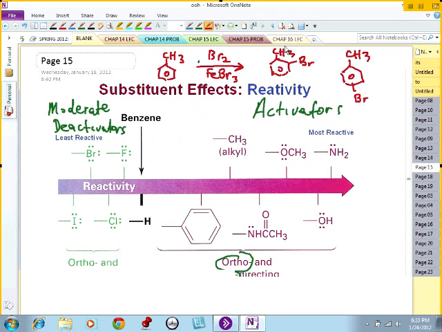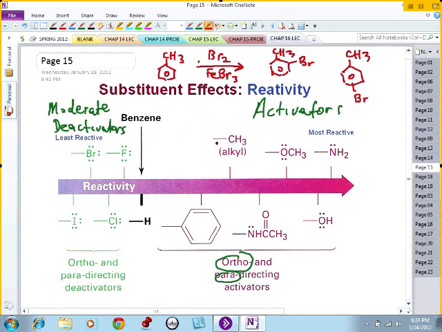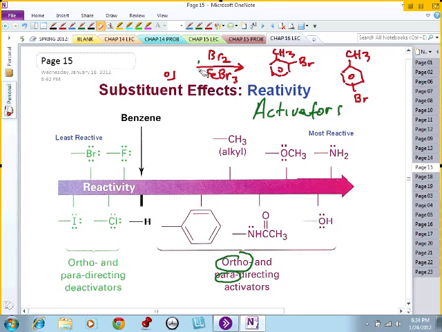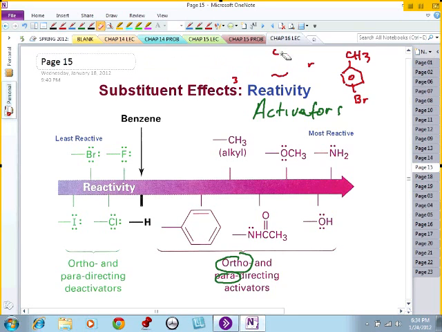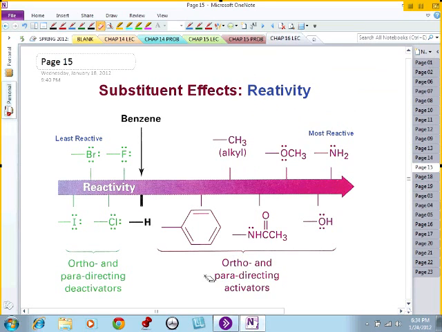Okay, now, supposing we have this. Let me erase this here. Okay, look at this table here. In this table, the amino group is a greater activator than the methoxy group.